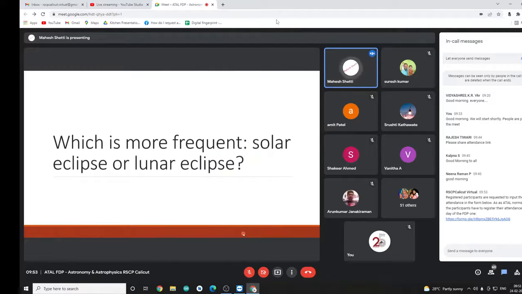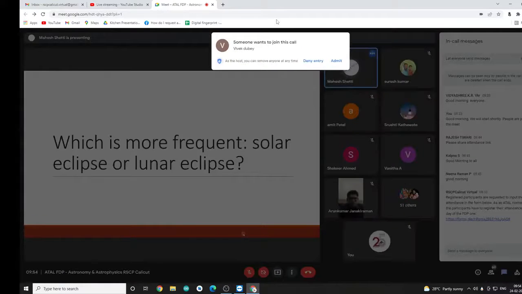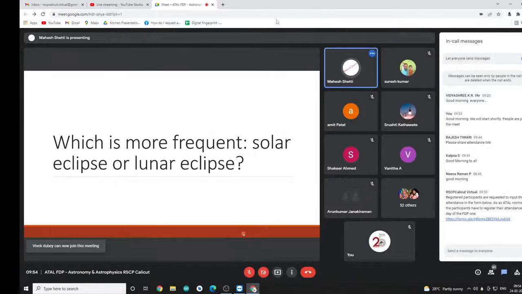So we come to the first question, which is more frequent, solar eclipse or lunar eclipse. Now, if you have at any time observed a solar eclipse or lunar eclipse, generally sitting at one particular location, we know that typically in one's lifetime, one may have seen more lunar eclipses than solar eclipses.